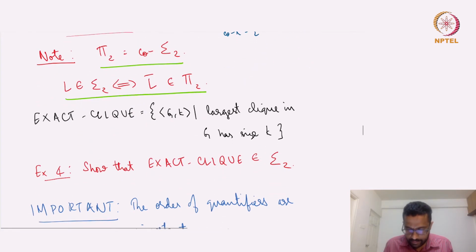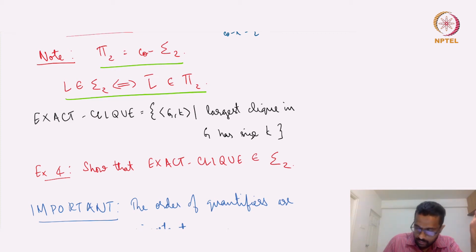Another language is exact clique, right? Remember, clique was a graph G and a number k such that G has a k-size clique. Exact clique is different in that G has a k-size clique and that is the largest clique.